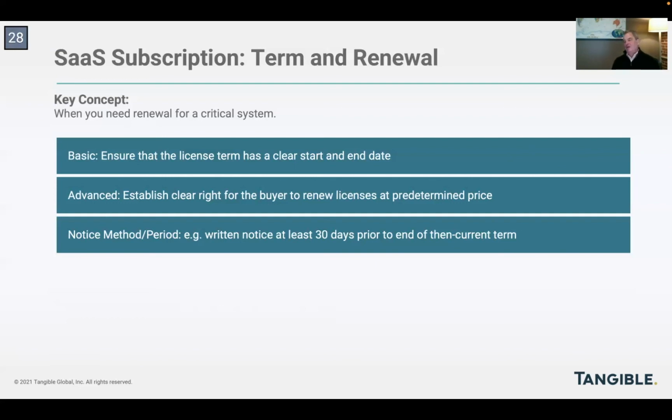Alex and I are not big fans of automatic renewal. We'll touch upon that a little bit later, but by contrast, giving the customer the right to renew at their option, we really get excited about. We think that's good practice if it's available in any particular SaaS order.